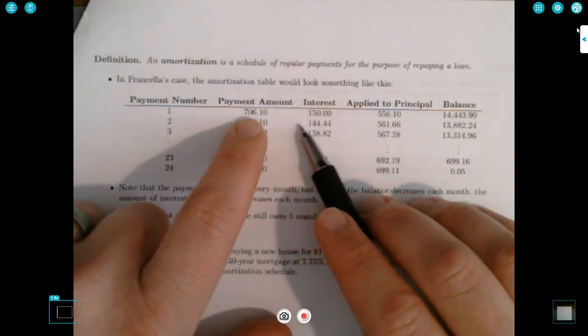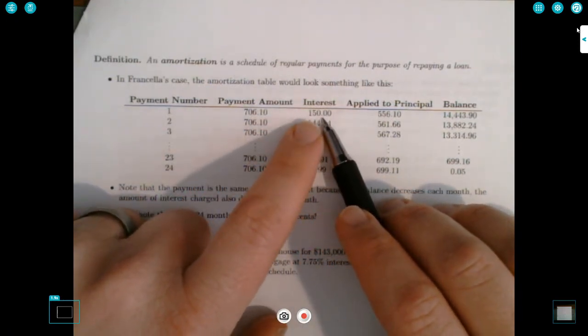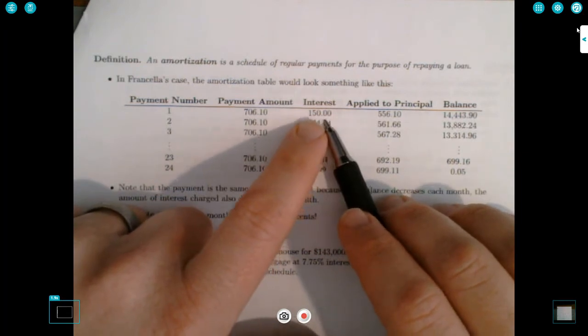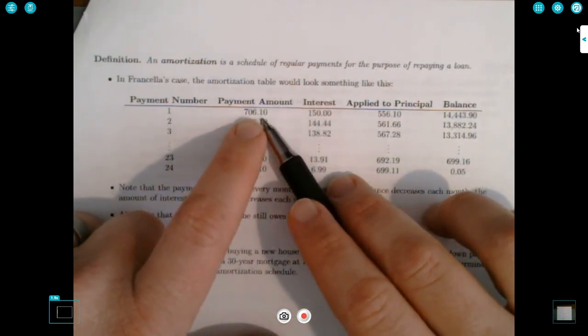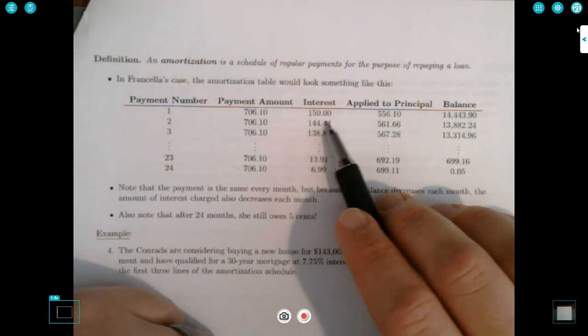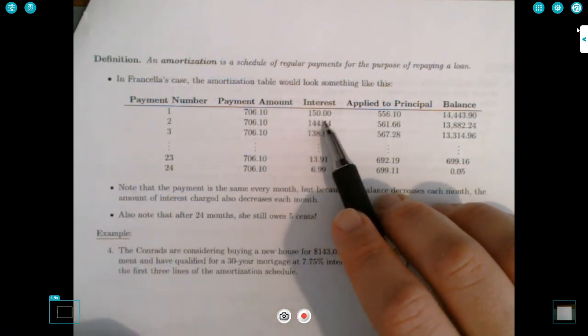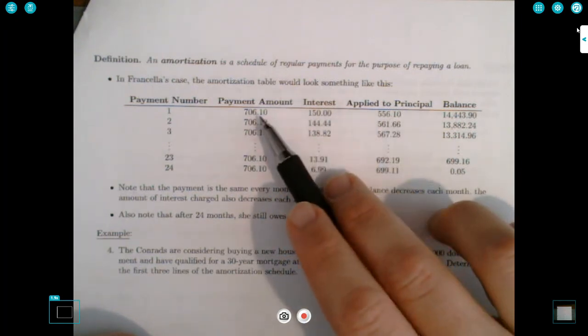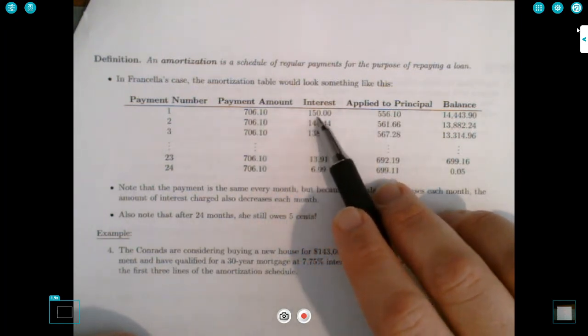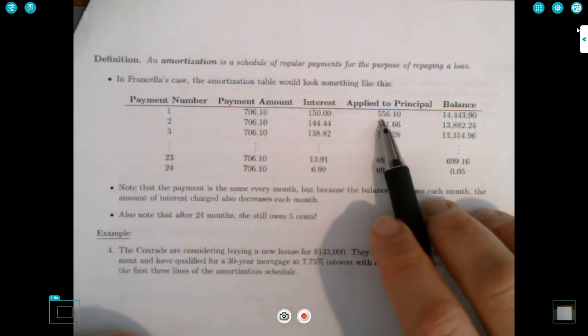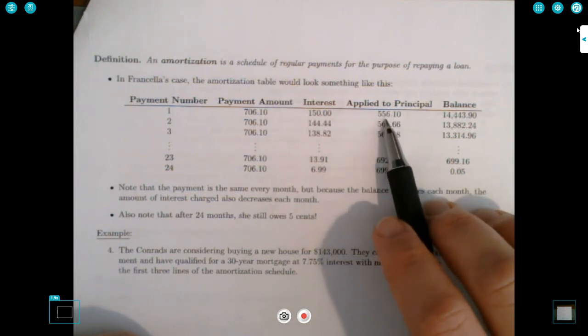Now you can figure out the amount of interest that her first payment is. Of the $706.10 that she pays, $150 of it is in interest, okay? And then the rest of it, $706.10 minus $150, is $556.10. That's applied to the principal amount that she borrowed, which was $15,000.